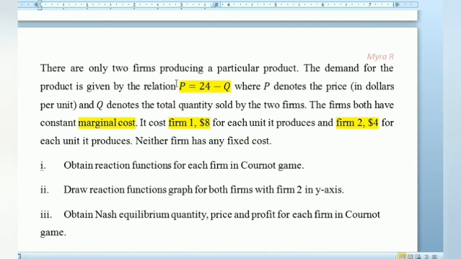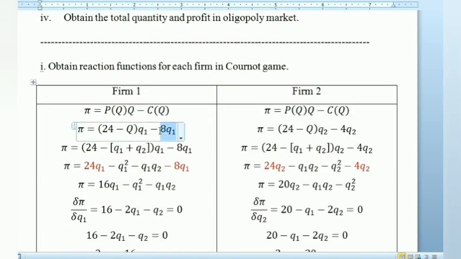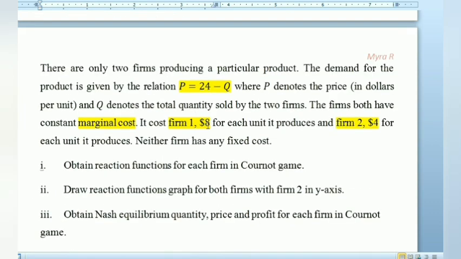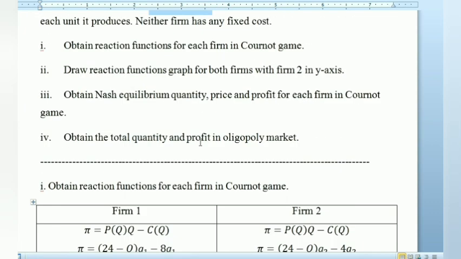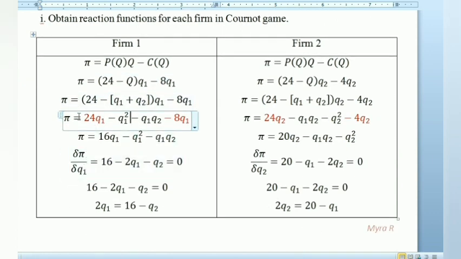We just rewrite the price function, multiply it by Q, and then subtract the cost, so we get the profit. We substitute capital Q as Q1 plus Q2, and outside of the bracket as Q1, because we find the profit for firm 1.